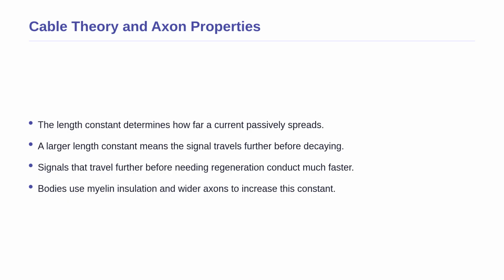A larger length constant means the signal travels further before needing to be regenerated. This results in a much faster overall conduction velocity. This physical principle explains exactly why our bodies use myelin insulation and wider axons to speed up important reflexes.